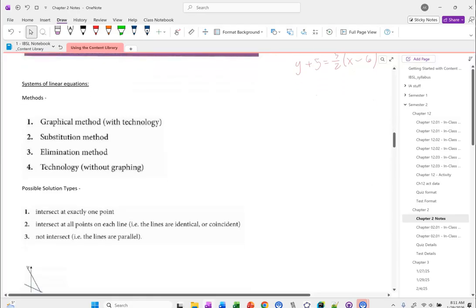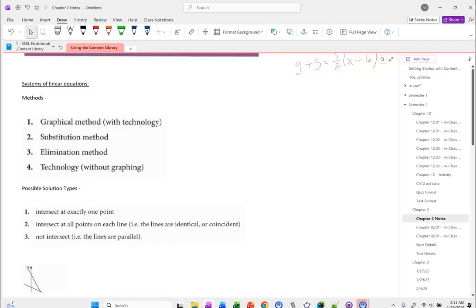Solving systems of linear equations. In Algebra 2, you would have talked about solving these by graphing, possibly with technology using your calculator, substitution, elimination, and technology without graphing.